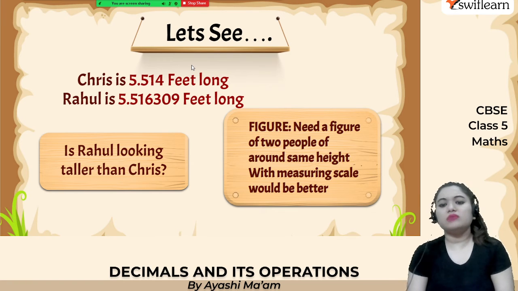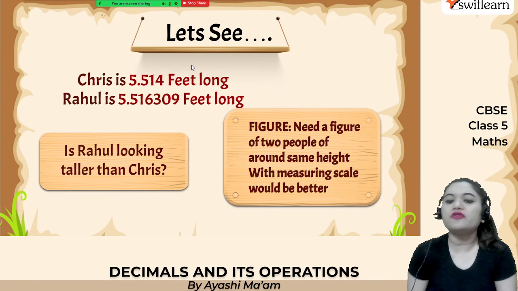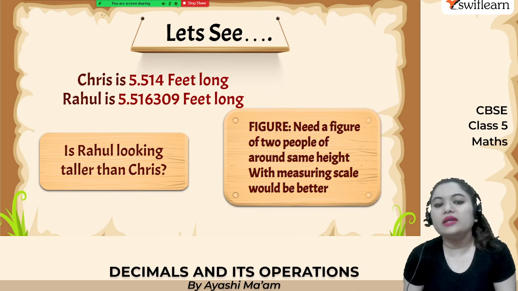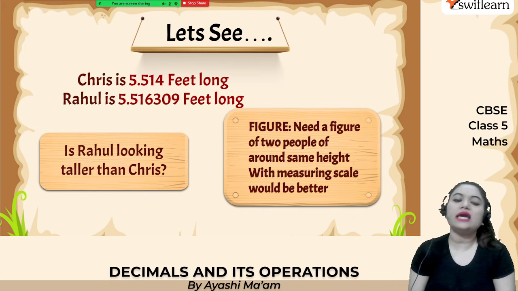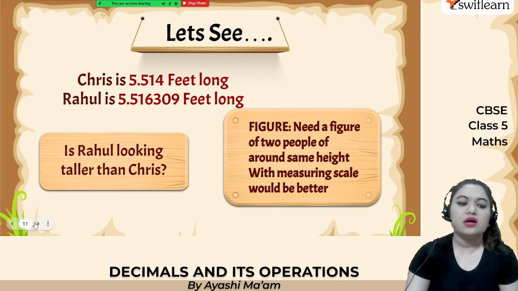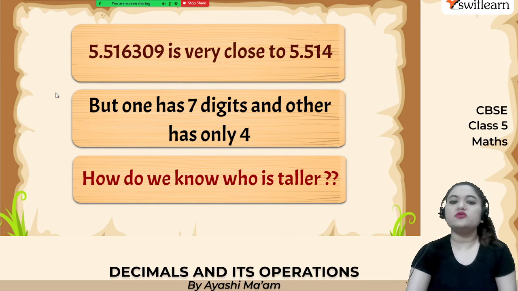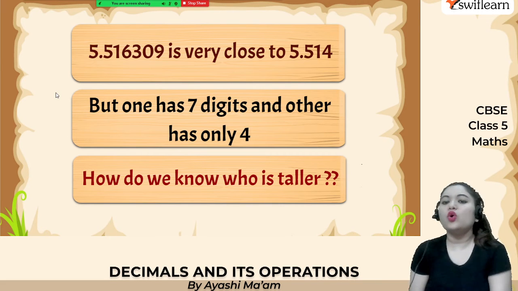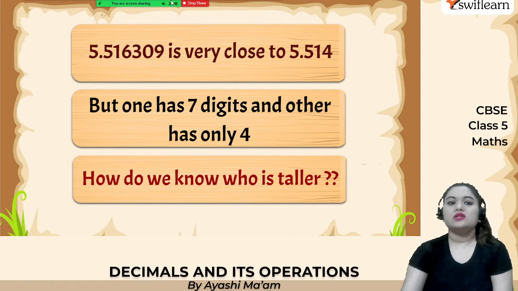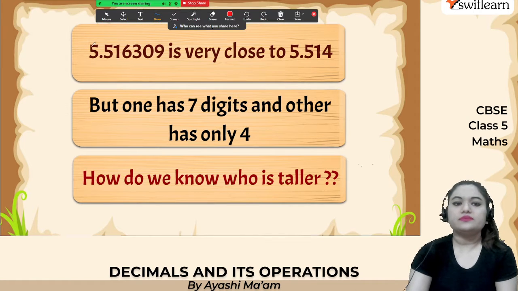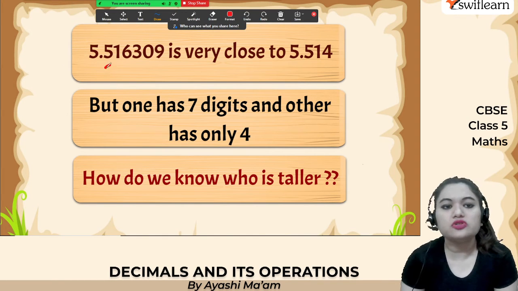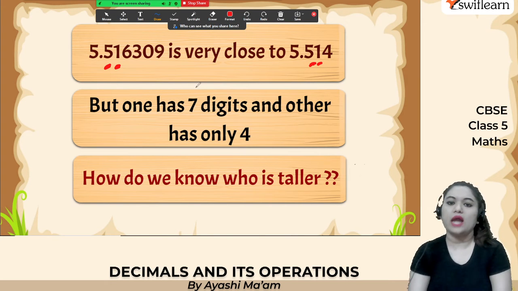So we would need a figure of two people of around the same height, along with a measuring scale. But how can you be sure? Okay, because this is looking a bit confusing. Both the numbers are very close to each other. As you can see here, this is your 10th position 5, 10th position 5, 100th position 1, 100th position 1, right?